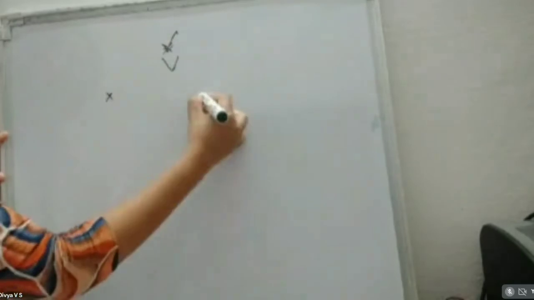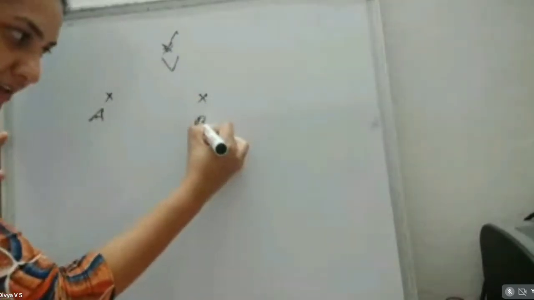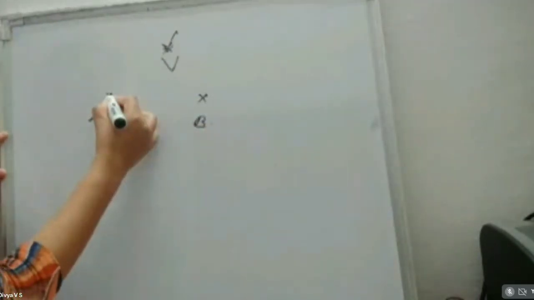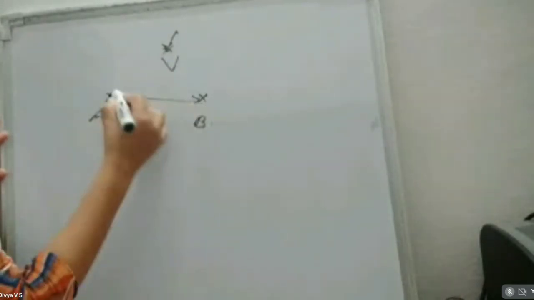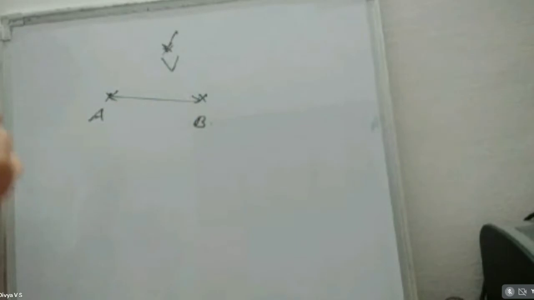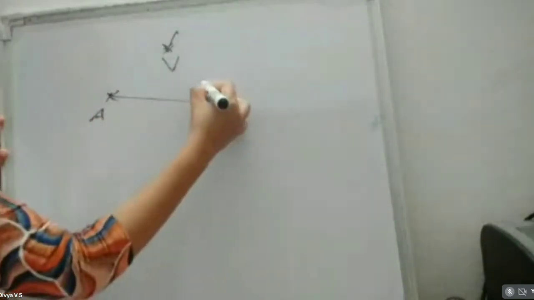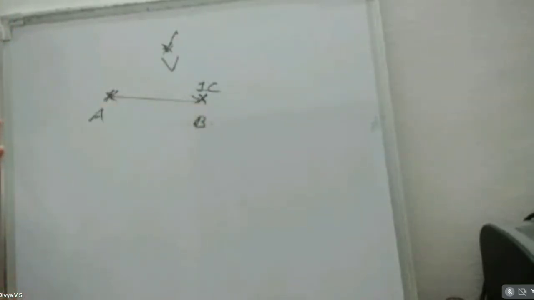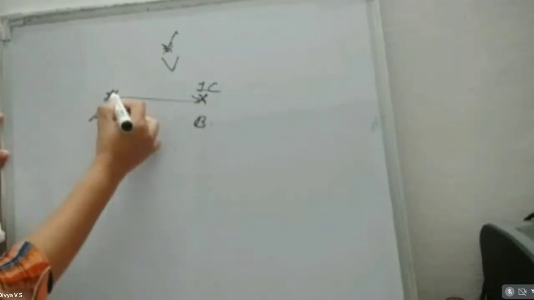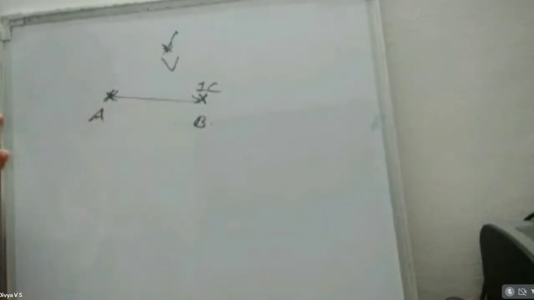Now, we have 2 points. This is A and this is B. Potential difference between these 2 points will be, if you want to bring one charge, basically 1 coulomb charge, from one point to the other point, that work done is known as potential difference between these 2 points.